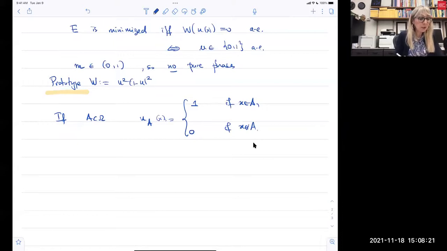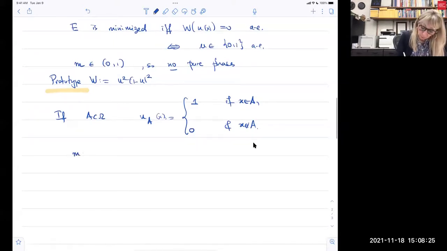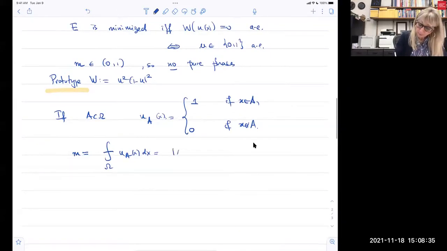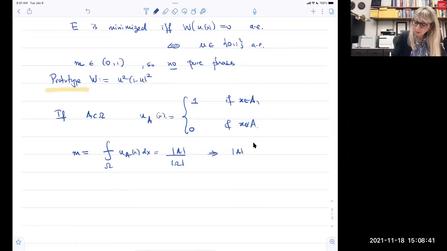Now it's easy to see that if I want M to be the average of u sub A, this is going to be just the measure of A divided by the measure of omega. So this fixes that the measure of A better be M times the measure of omega, right?